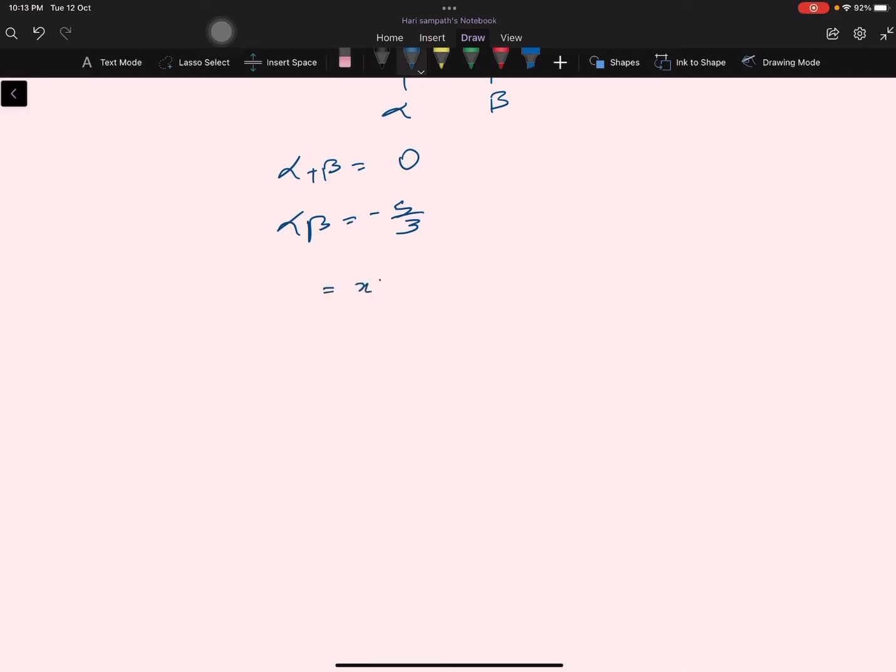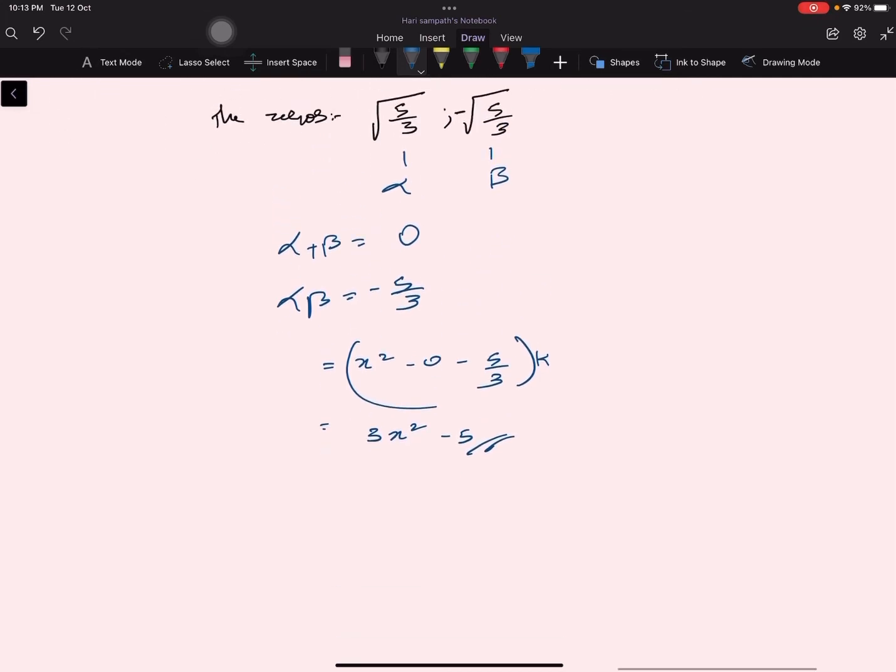So it is x square minus 0 minus 5 by 3. So we can just ignore the 0 here. It's multiplied by k. Let's take k as 3 because that is the denominator. Then we'll have no fraction in this equation, minus 5. This will be the equation you have to multiply it with.